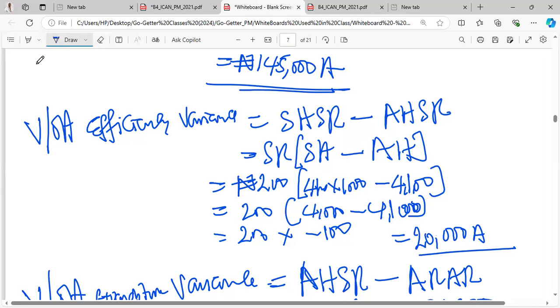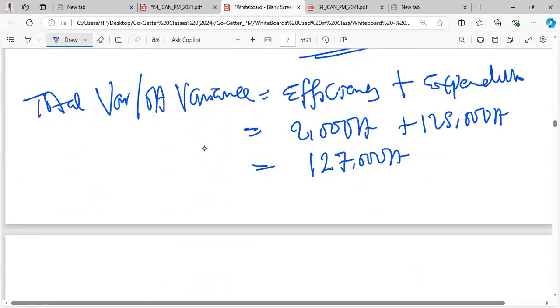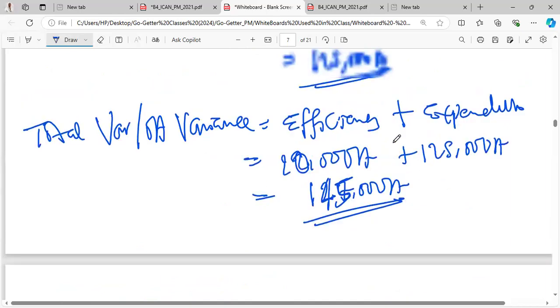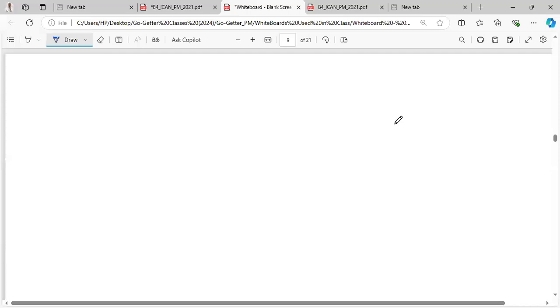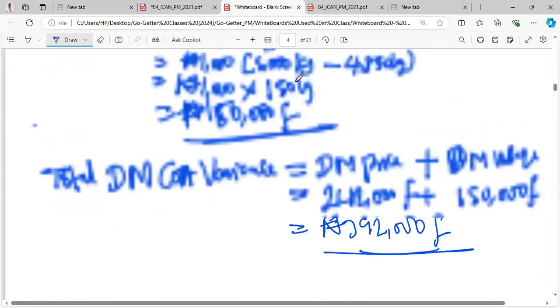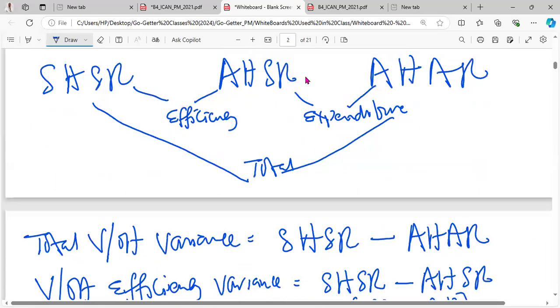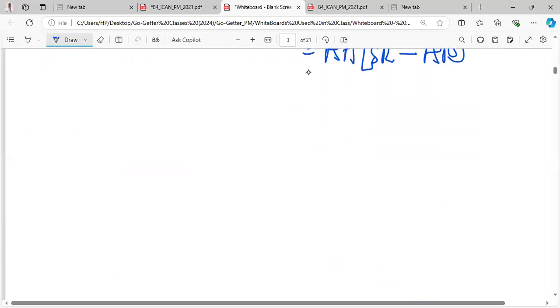So that should be 145,000. That is where we got that total variable overhead variance. All right, so what have we really done? Let me give a summary here.